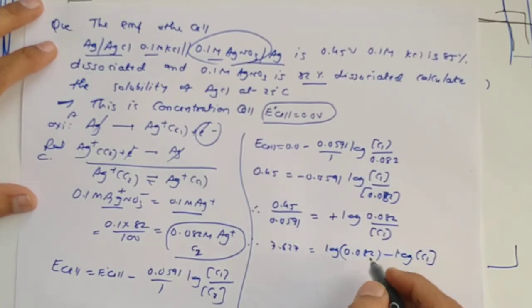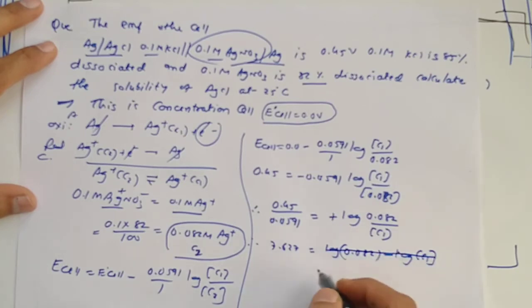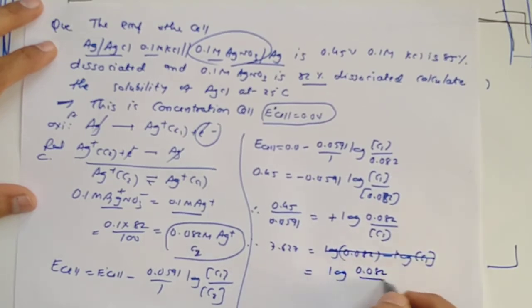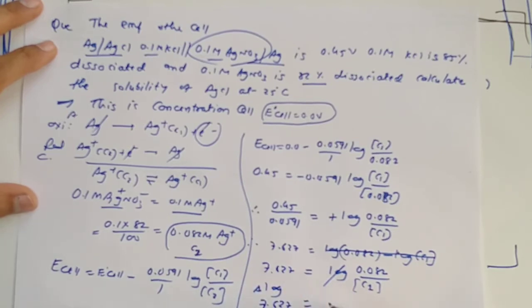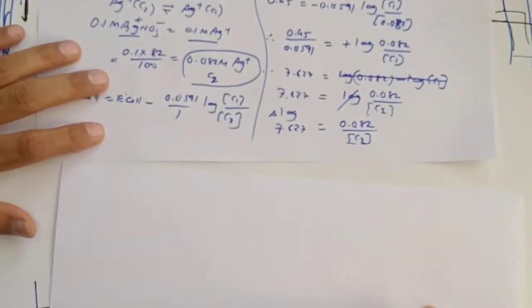But I am giving a shortcut: on both sides apply antilog, so log will be cut. So antilog of 7.627 equals 0.082 upon C1. Understood? This is convenient.